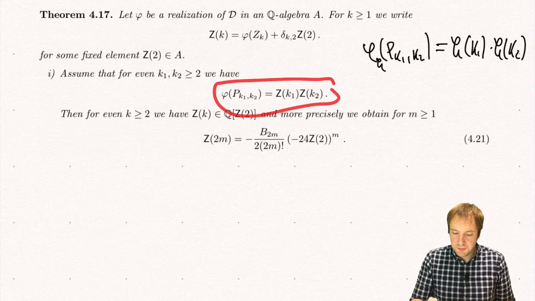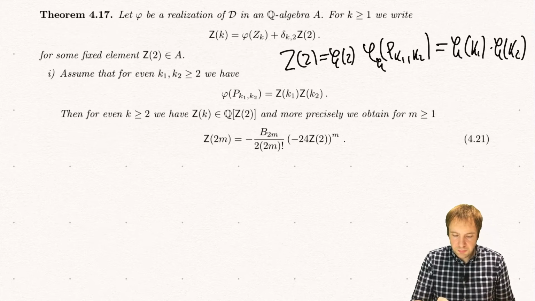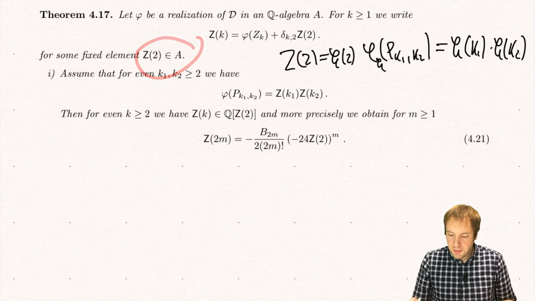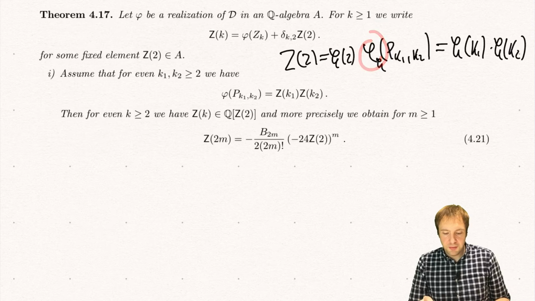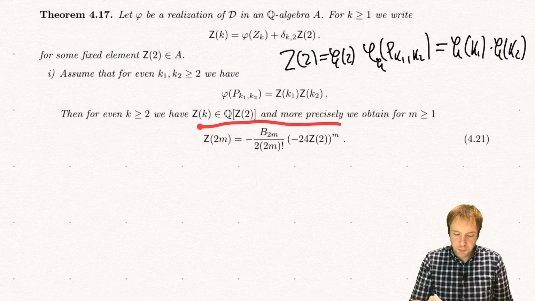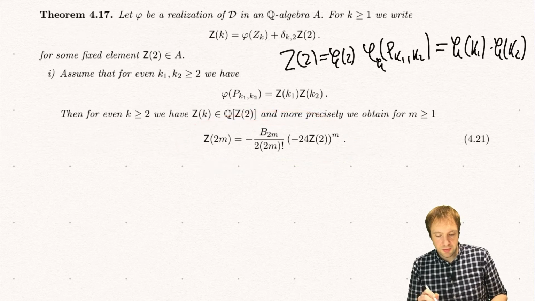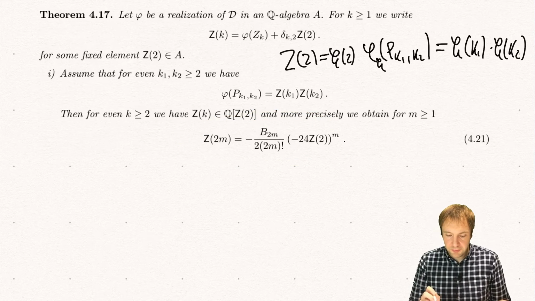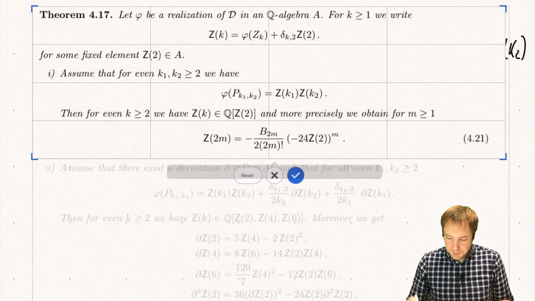So it satisfies this property with this z_2, where z_2 was zeta(2). So this realization satisfied this property here. And what is the consequence? Well, this is just Euler's formula for the even zeta values. So this is the first statement of the theorem.